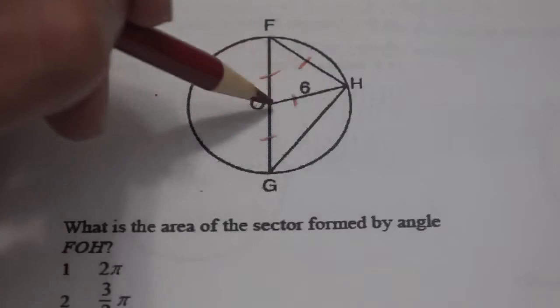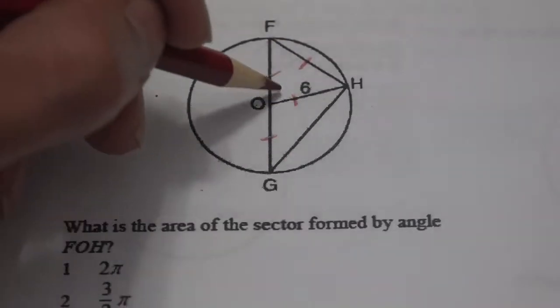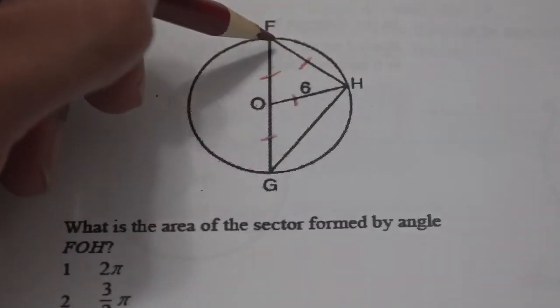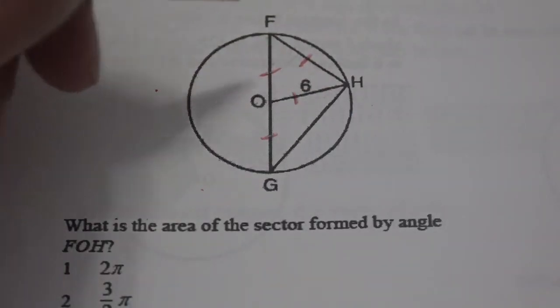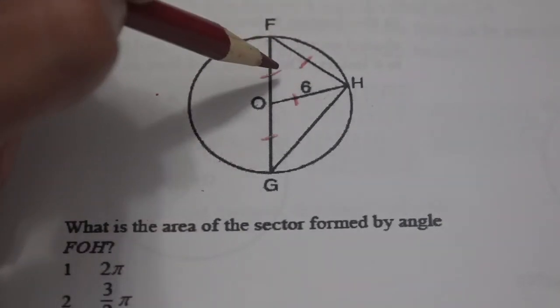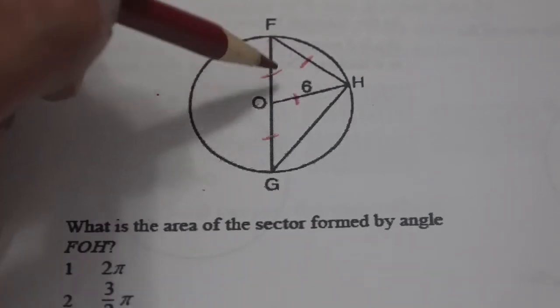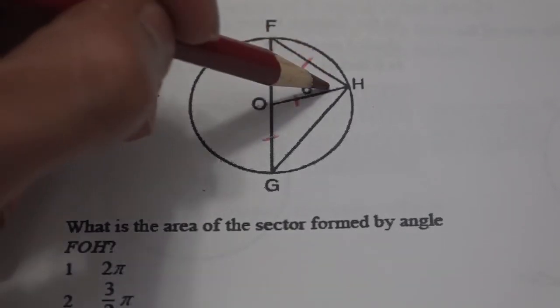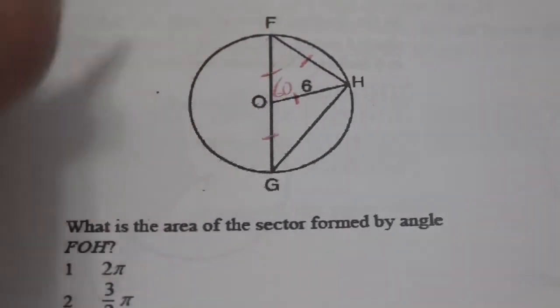This triangle is an equilateral triangle because all sides are congruent. That means that if it's equilateral, then each of the angles here is 60 degrees. Because remember, angles opposite to congruent sides are congruent. So this angle and this angle are the same, because of these two sides. So the angle is 60 degrees.